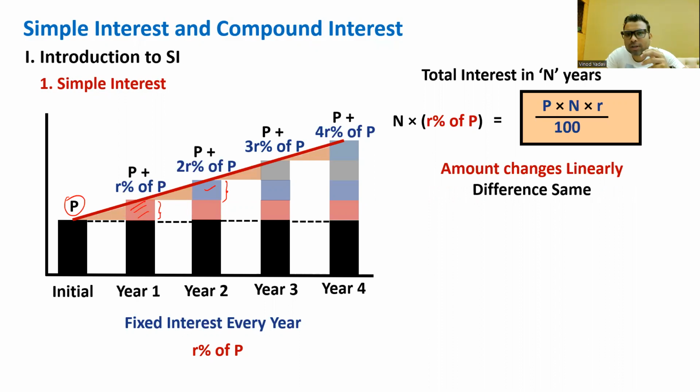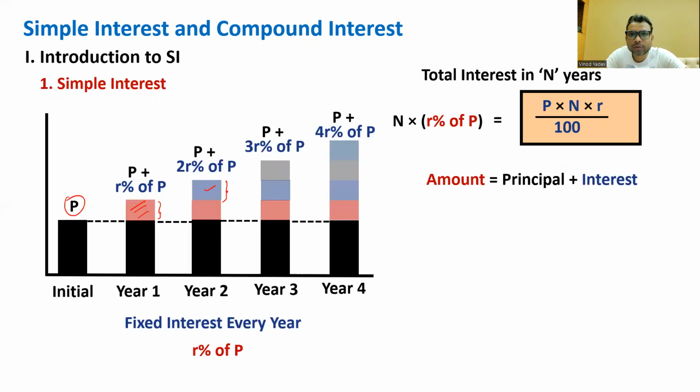You can also see there will be like an arithmetic progression happening. Fixed value will be added every year. Let's say 100 rupees is the simple interest. So every year plus 100, plus 100, plus 100. I hope you have noted it. You can pause the video and keep making your notes.